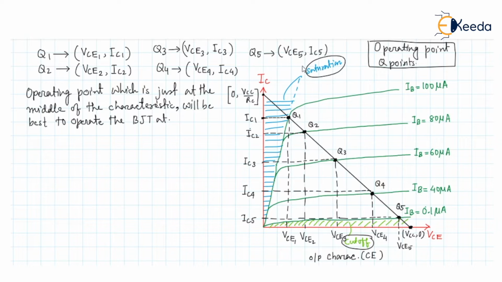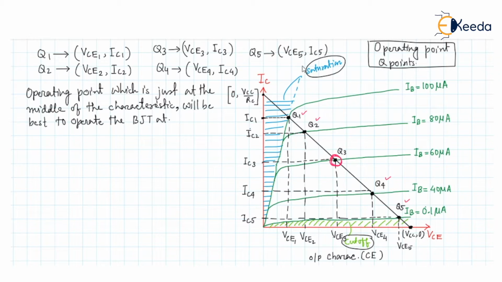So we can see that this Q3 is the operating point which is near the middle of the characteristics. So this operating point is very suitable to operate the transistor. Otherwise, there will be a clipping of the signal if we operate the transistor at Q1, Q2 and Q4.